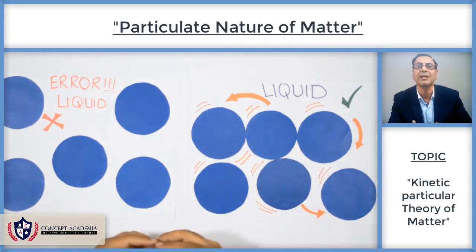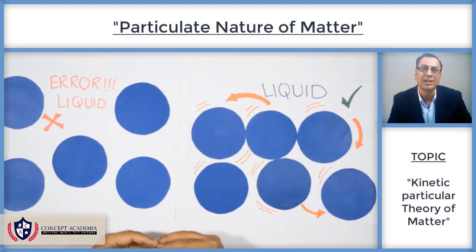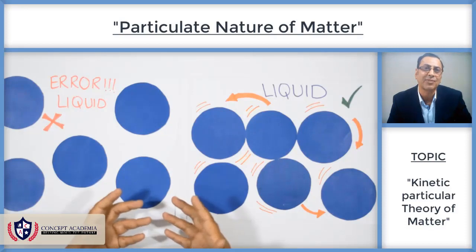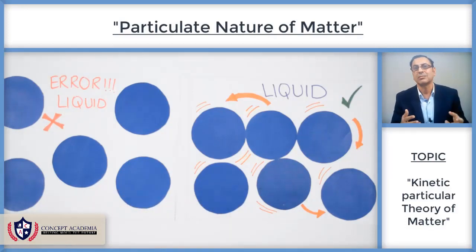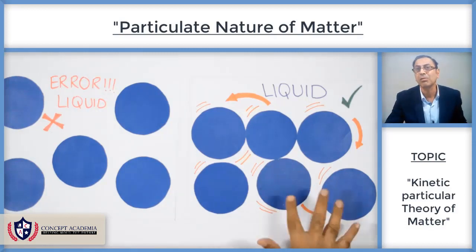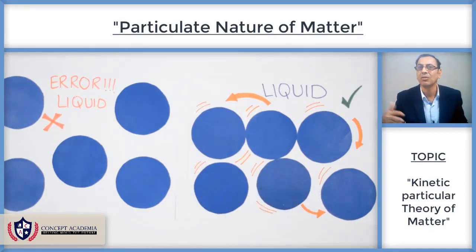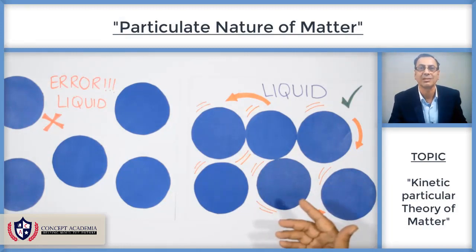So we should take care of these two points: that the particles of liquids are not well separated from one another, and there should be signs of gravitational pull on the particles of liquid.